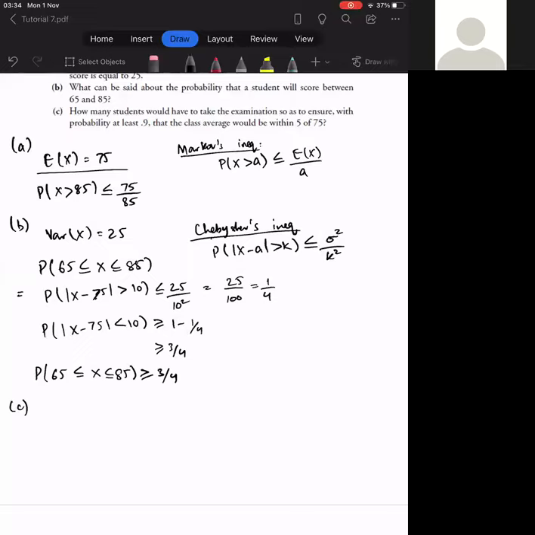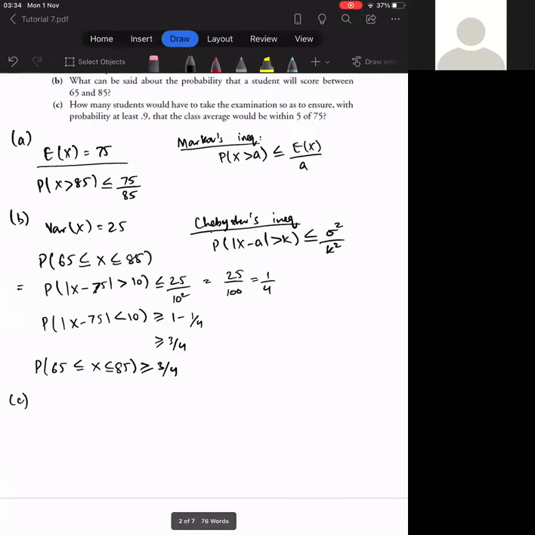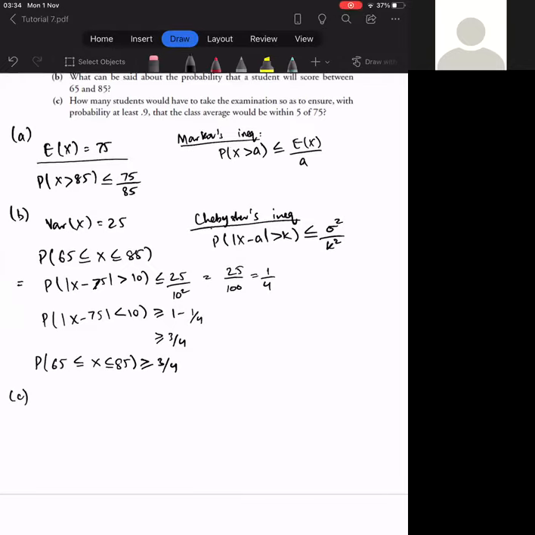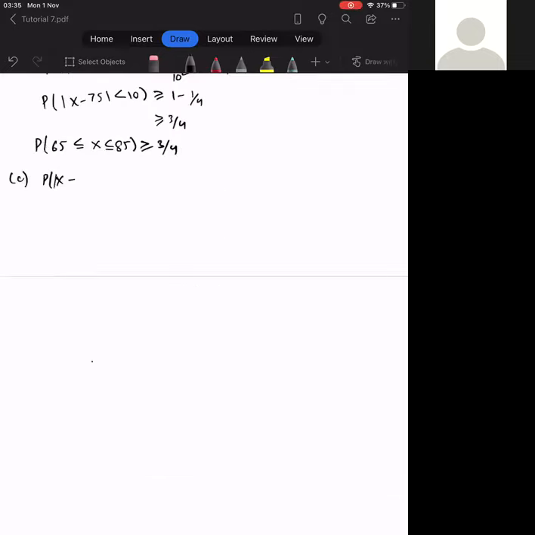So to be within 5 of 75, we want, let me just scroll down. We want the probability of the absolute value of x minus 75. To conform with Chebyshev, we're going to write greater than, but we'll change it later.